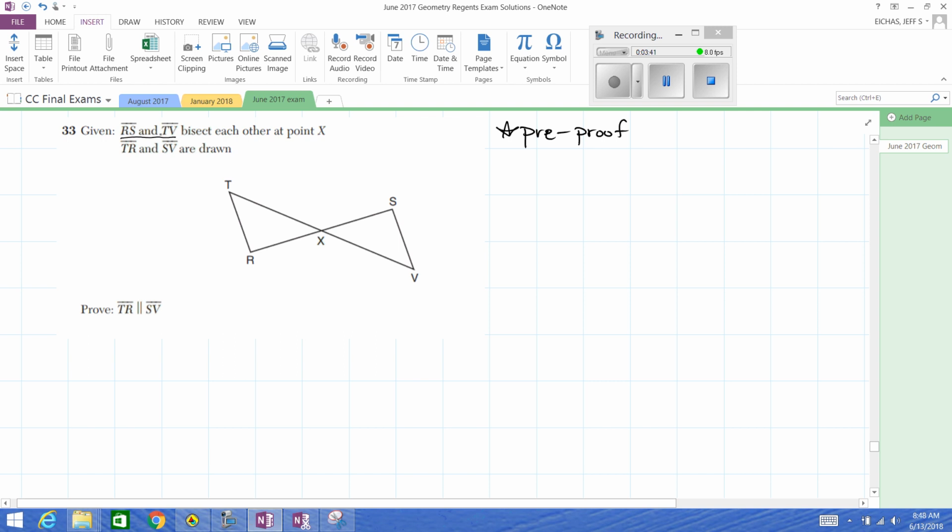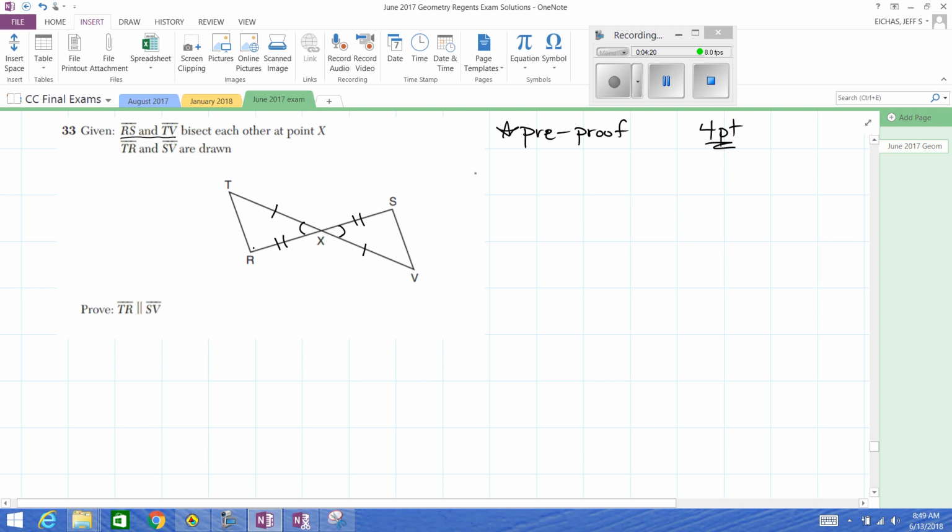If RS and TV bisect each other at point X, that means TV gets cut into 2 equal halves, and so does RS. The reason I'm using a single mark there and a double there is because RX might be different than TX. It looks like it, but don't assume this is a right angle, even though it looks it. We can't fall for that. Vertical angles is a conclusion you're going to make on your own. Every move you make is probably going to gain you a point. It's a 4-point question.